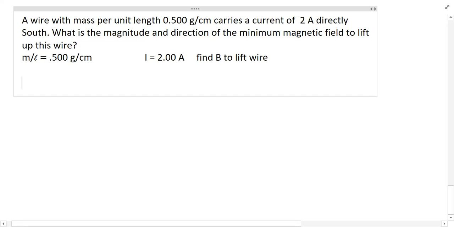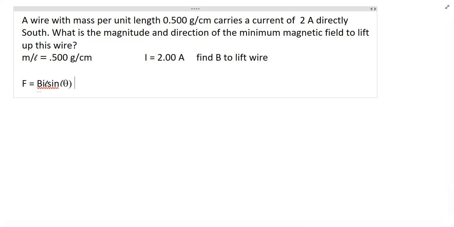The equation we will use is F equals BIL sine theta, or force equals magnetic field times current times L times the sine of theta. So what we need is for the gravitational force on the wire, given by mg, to be equal to the magnetic force given by F equals BIL sine theta. So let's write that equation down.